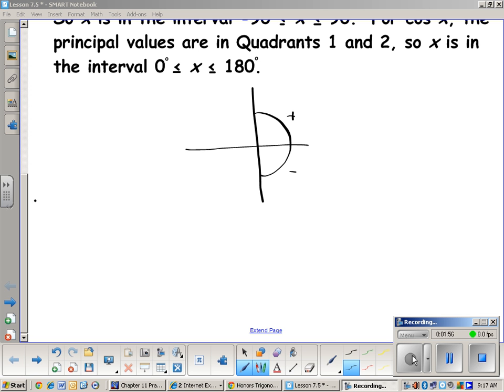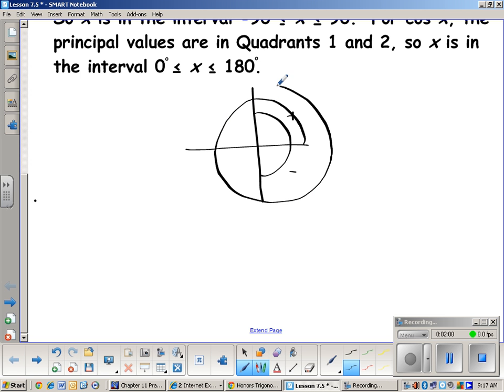If we didn't restrict the variable, remember we would have infinitely many answers, because we would keep going around and around and around the circle, and it wouldn't stop. Okay, so they will restrict the domains for you.